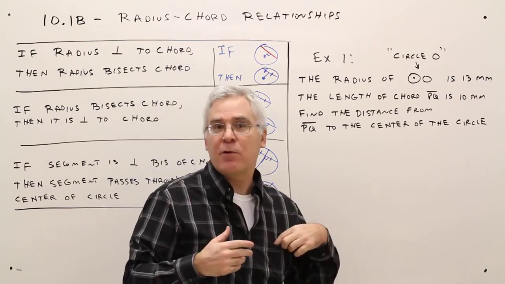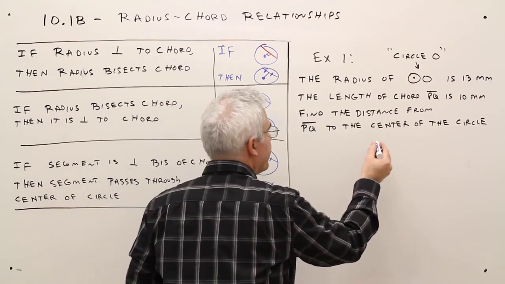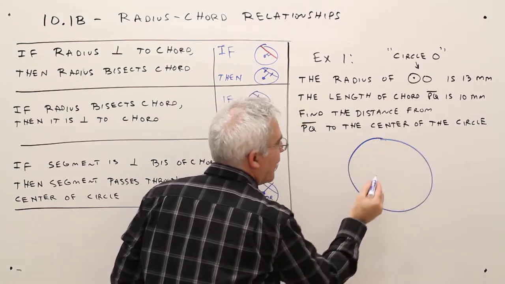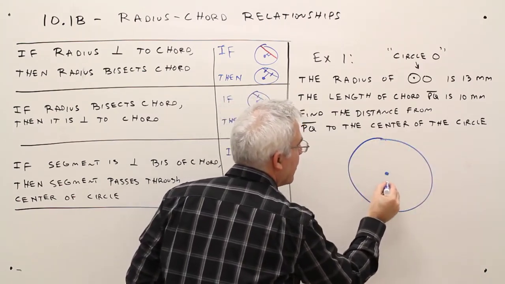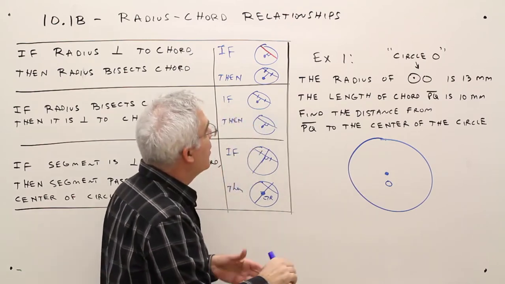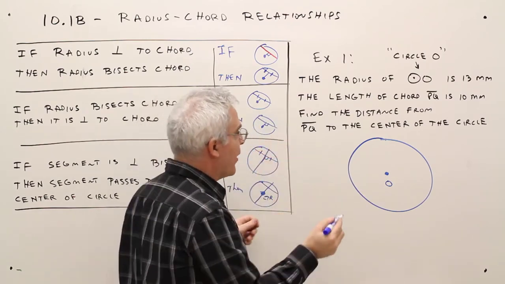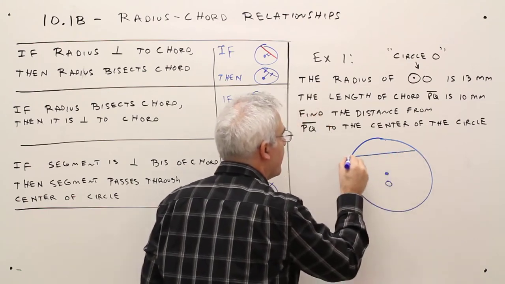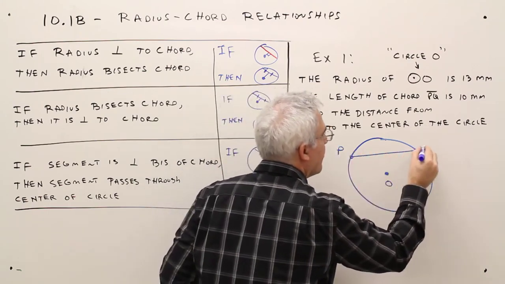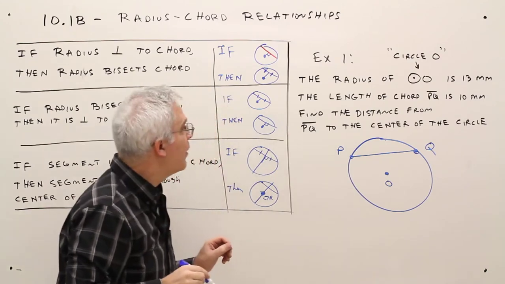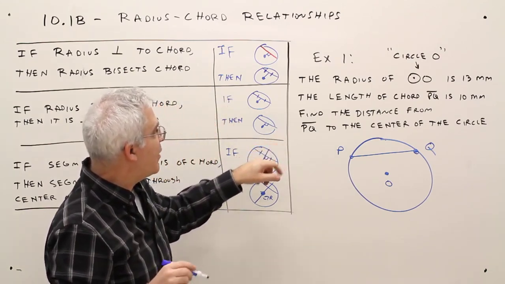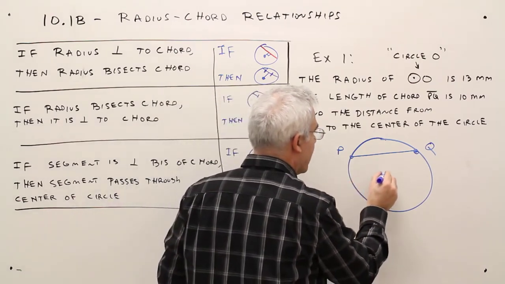All right, so let's draw a picture. That's my circle. That's point O, and then I'll have a chord and I'll call it PQ. Okay, so the distance from PQ to the center is what we're trying to find.